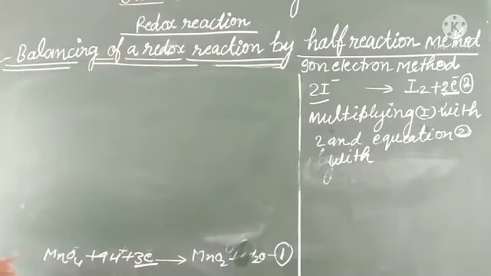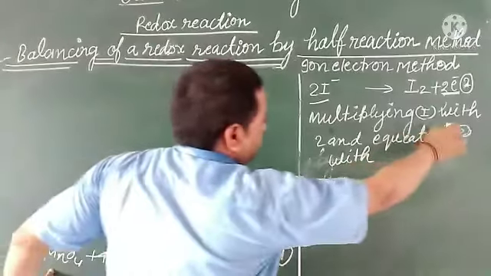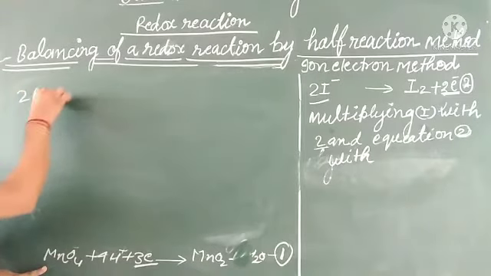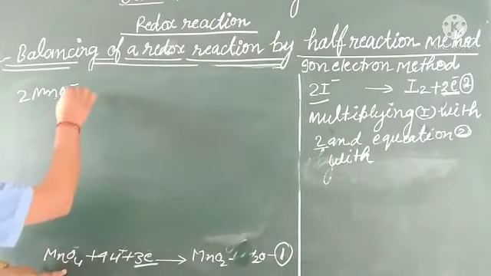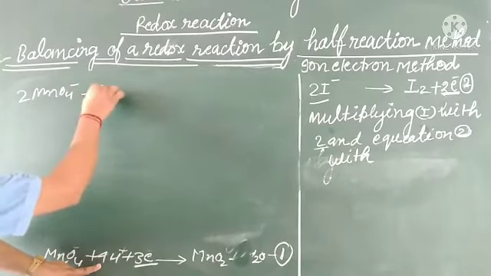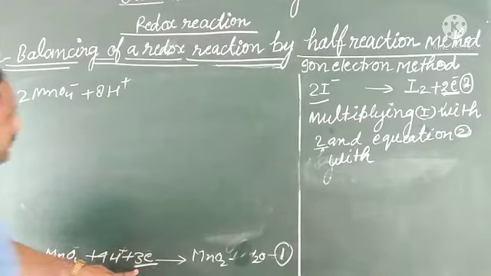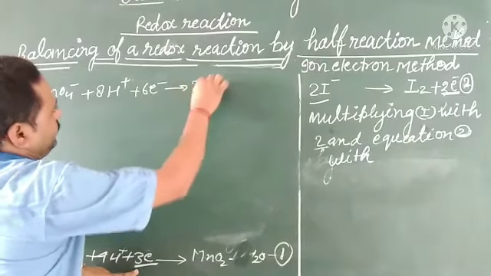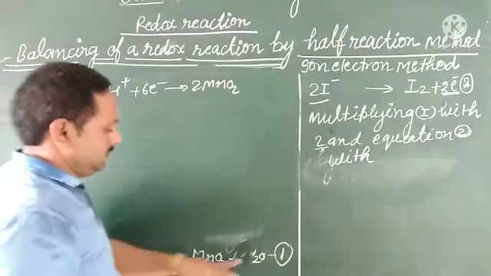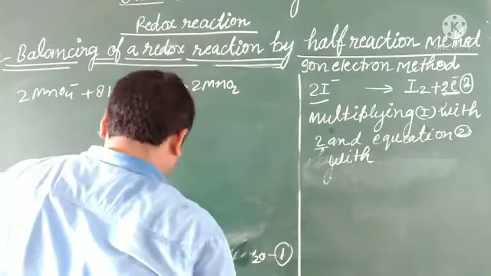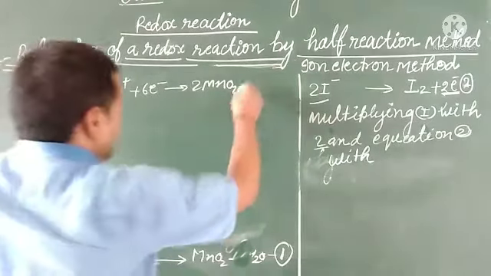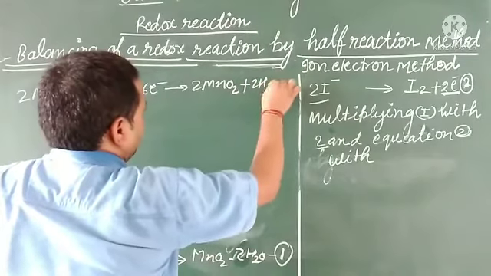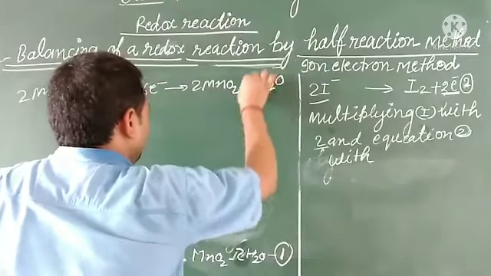So if I am multiplying equation first by 2, it will be 2MnO4 minus plus 8H plus plus 6 electrons gives out 2MnO2 plus, it was 2H2O, so it will be 4H2O.